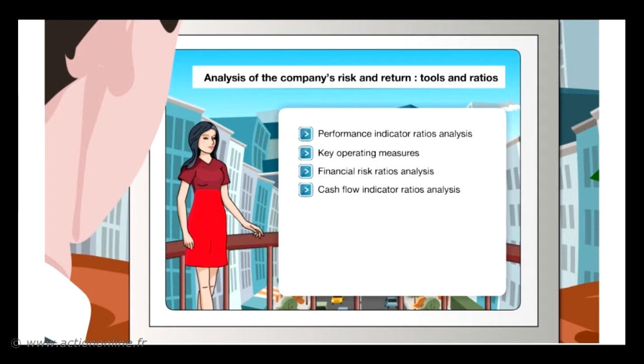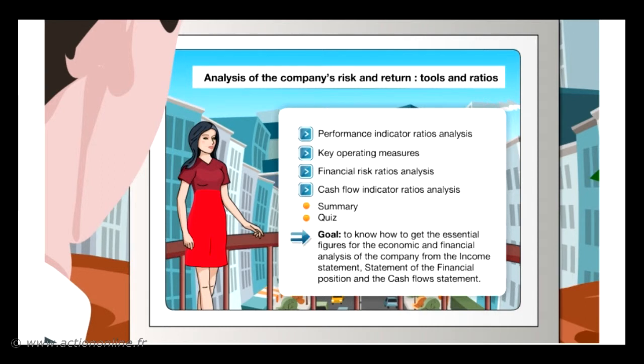At the end of this module, a summary will be presented to you as well as many quizzes to let you test your knowledge. The goal of this module is to know how to get the essential figures for the economic and financial analysis of the company from the income statement, IS, the statement of the financial position, SFP, also called balance sheet, and the cash flow statement, CFS.